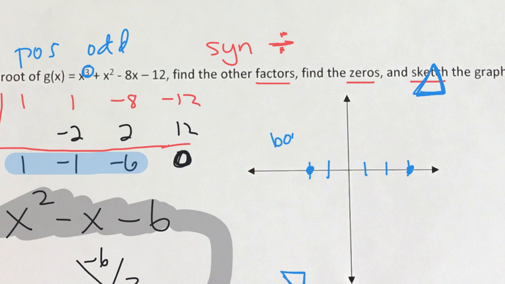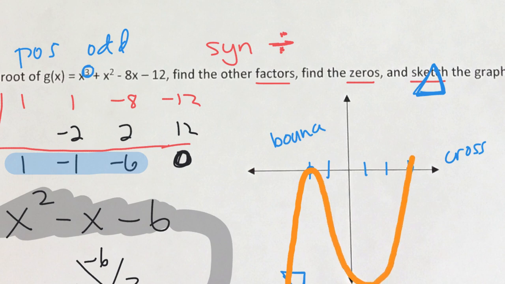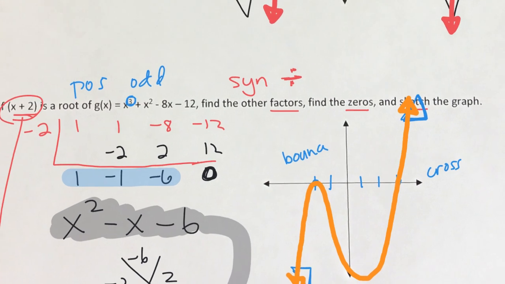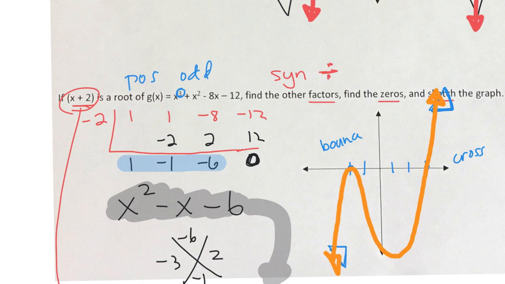So it has to bounce at -2 and it will cross at +3. So somehow we make our graph come up towards -2, touch and go back down, and then turn and go up through +3 and up forever. And put in your arrows. I'm not really concerned with how far it goes down. It can't cross, so it should only touch right here at -2, and it should cross once at +3.